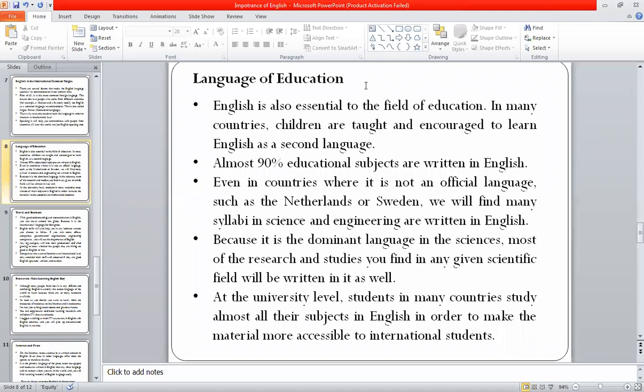These are the countries where English is used as a first language, that is, as the mother tongue. So we are not in that category. We are in the category of second language, because we have Hindi or our mother tongue or state language as the first language.